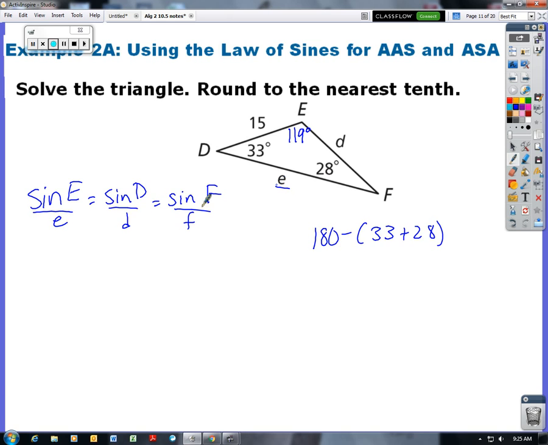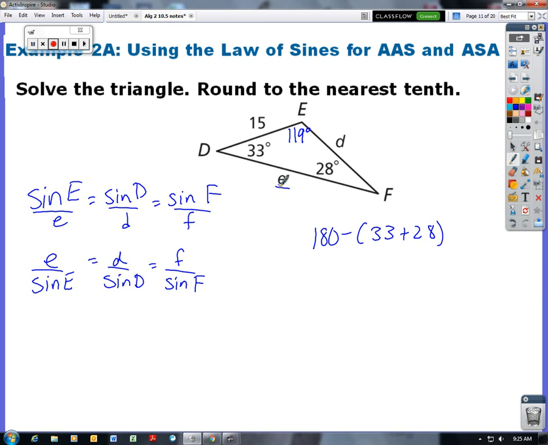So instead of writing law of sines like I just did, we can flip all of these and write it like so. As long as we do the reciprocal of everything, it's the same relationship, because with proportions, you can flip those. I'm going to use this bottom version because I find it easier to solve.